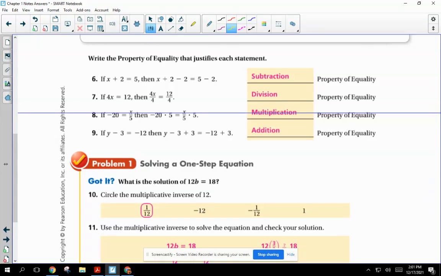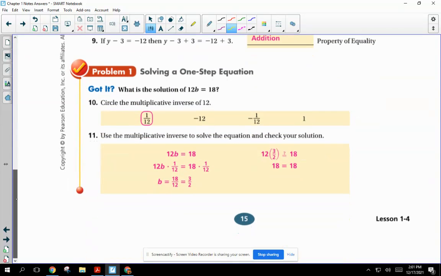We are going to go down to simple equations so we can practice some of those. Problem 1. What is the solution of 12b equals 18? First, we need to make sure you know that 12b means 12 times b. So this is 12 times b equals 18.